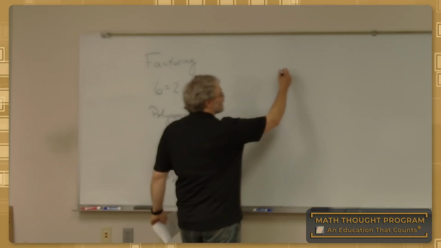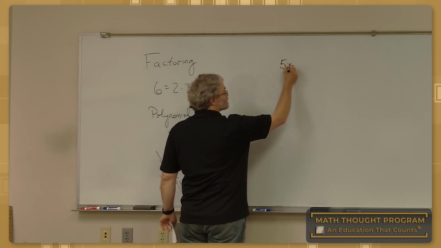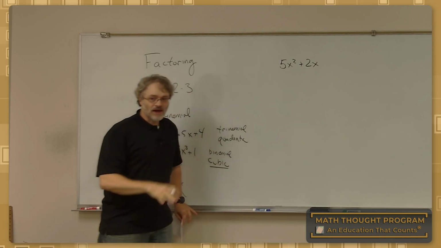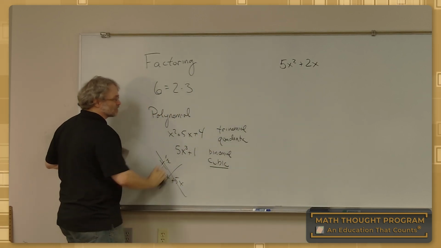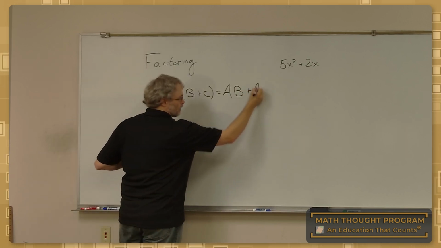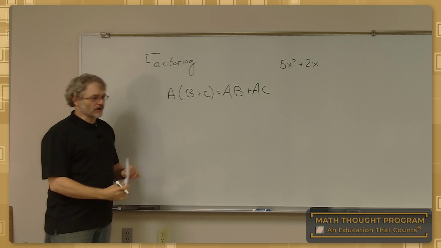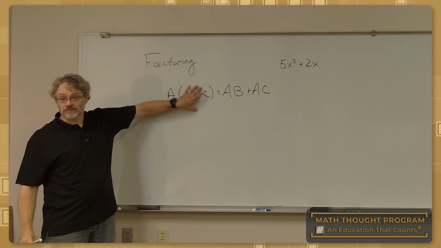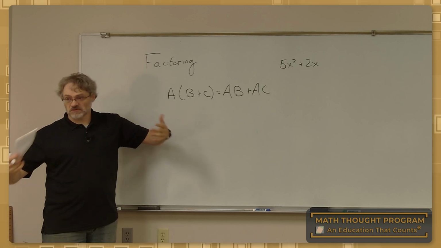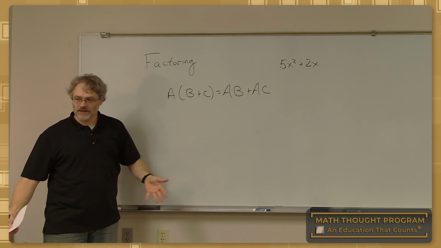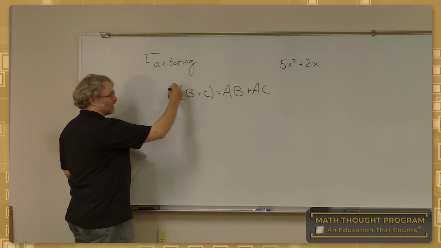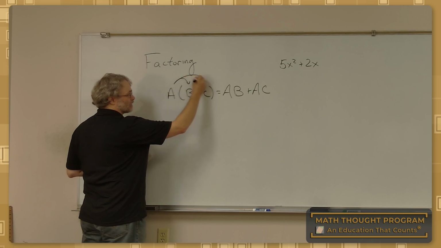So, when I'm factoring, I'm really talking about factoring polynomials. If I have a polynomial like 5x to the 2nd power and then 2x, factoring is based upon the distribution property. We have this, where I have A times the quantity of B plus C. A lot of times you might have heard distributing, expanding, or foiling, where I take the A and multiply everything inside.